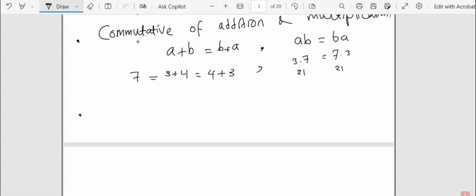Also similarly, and I want you to go further and just play around with numbers, they are also associative: addition and multiplication.